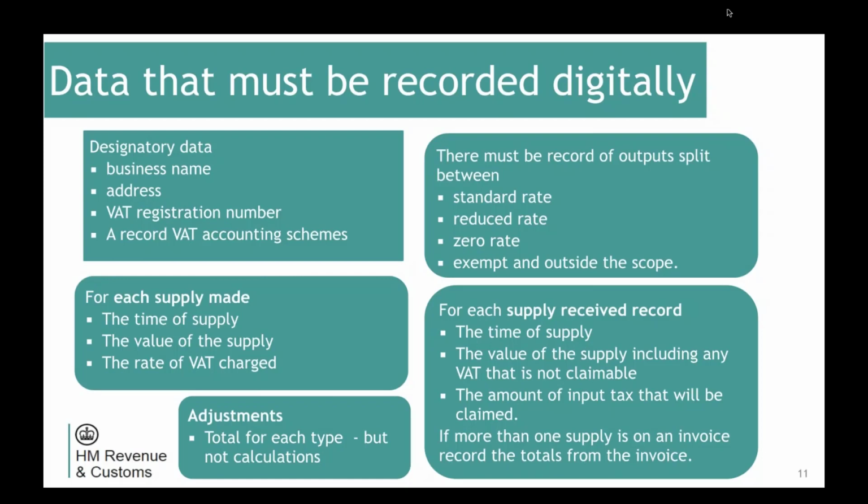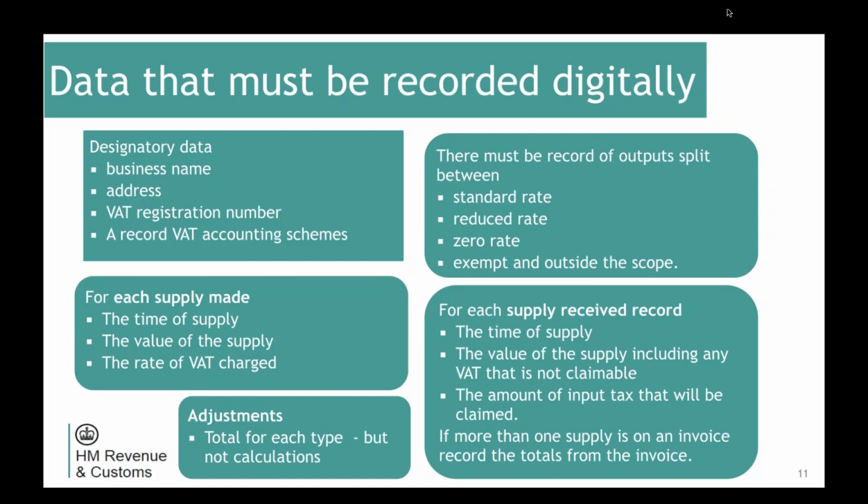For each purchase you receive, you must record the time of the supply, the tax point again, which is typically the date on the VAT invoice, or if you're in cash accounting, when the business pays for the supply. You must also record the value of the supply and the amount of the input tax to be claimed.